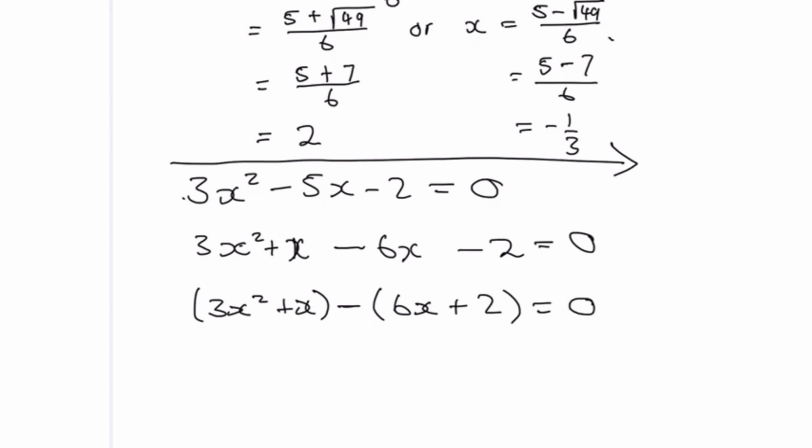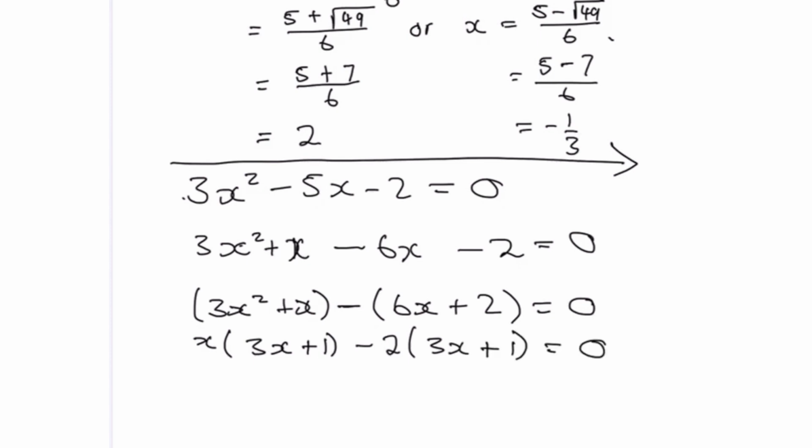And then we equate to 0. Now we take out x as common factor, because it's the common factor, and we are left with 3x plus 1. Here we have minus, take out the 2 as common factor, and you have 3x plus 1, and this equals 0.